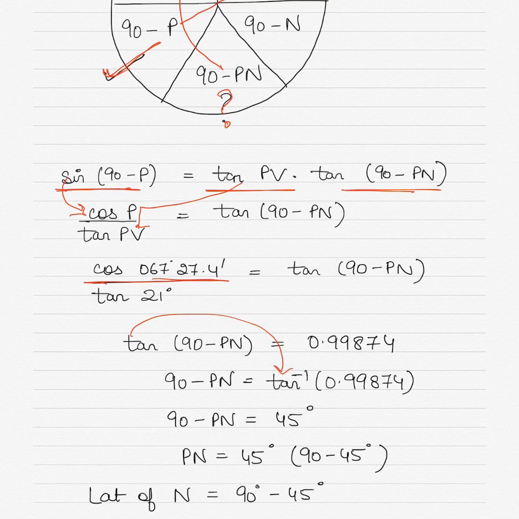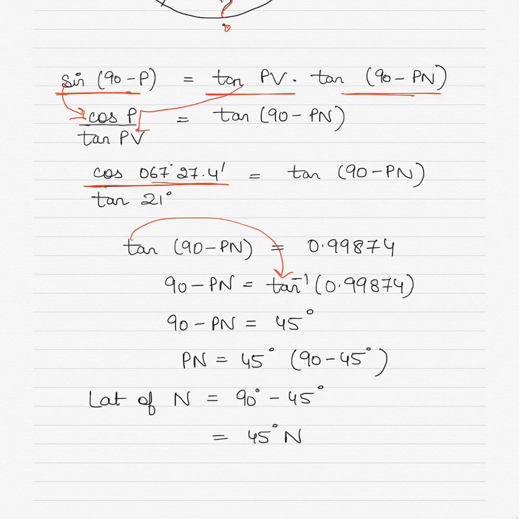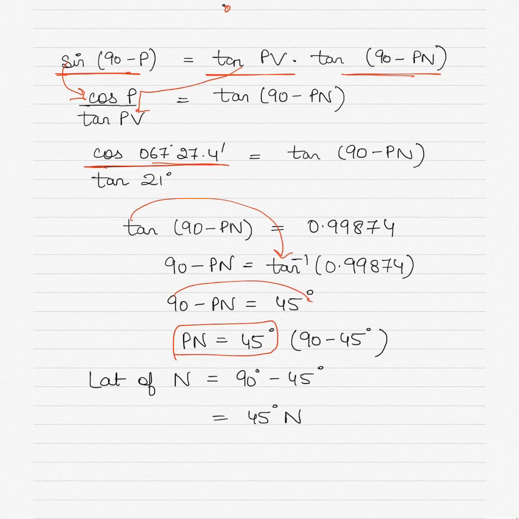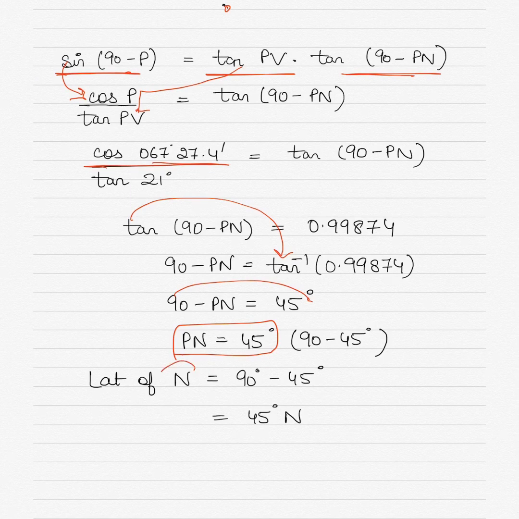Take tan to the other side, tan inverse of 0.99874 will give you 45 degrees. 90 minus PN equals 45, therefore PN will be equal to 45 degrees, because once I take 90 here, you can subtract 90 minus 45. So the latitude of point N is equal to 90 minus 45, which is equal to 45 degrees.